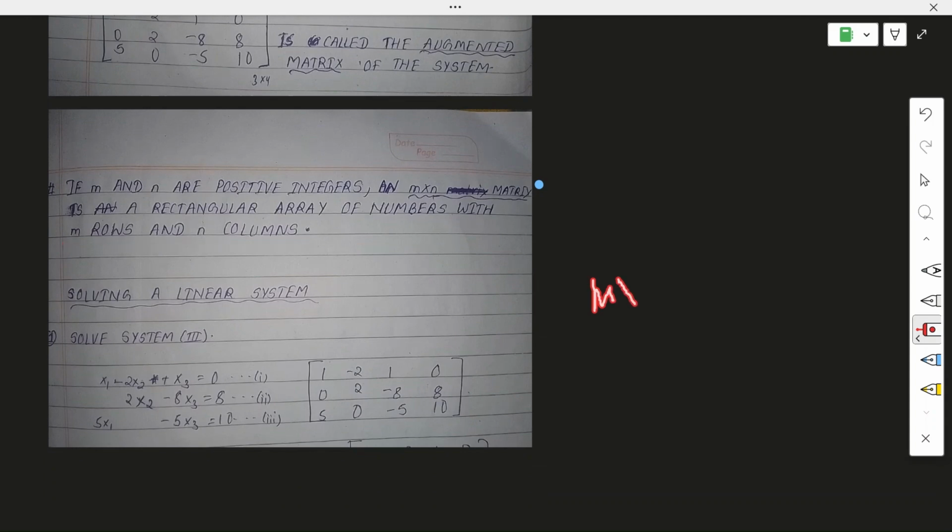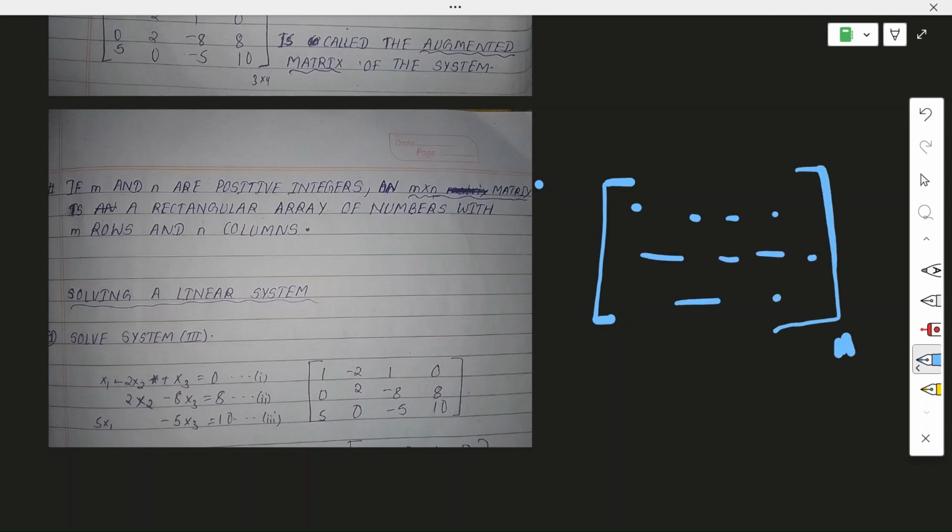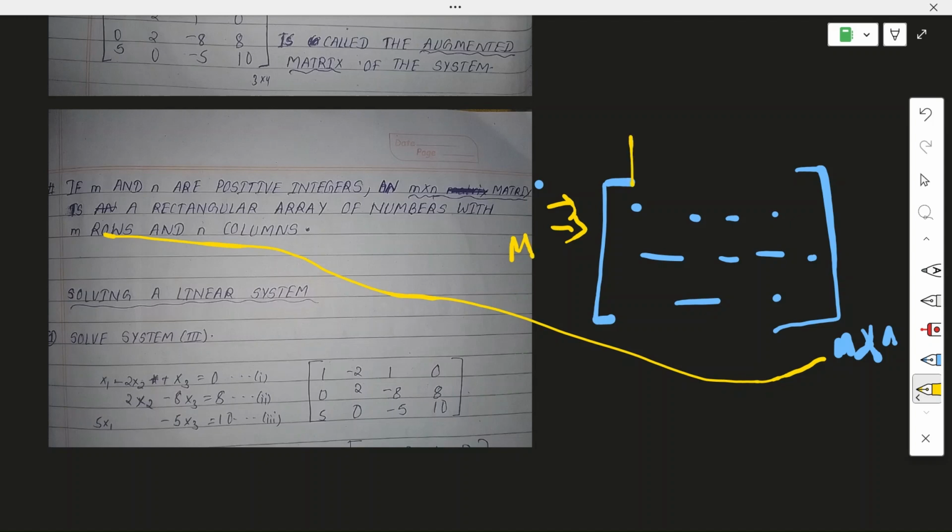If on the right side it says m by n, then we must consider there are m rows, first row, second row, and so on up to m, and n columns, first column, second column, up to n.